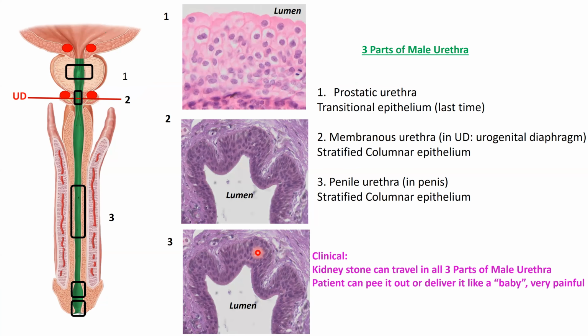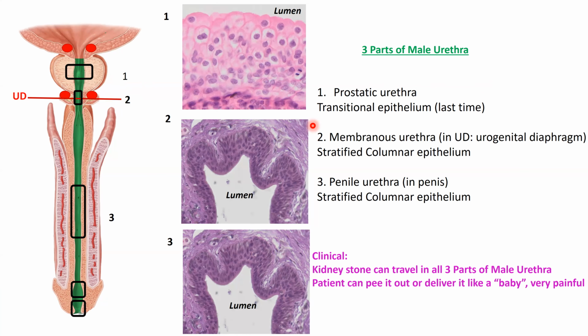Okay, so we're going to focus on the 3 parts of the male urethra. This is the prostatic urethra. This is where you see transitional epithelium for the last time. Then you remember this is your bum, or the urogenital diaphragm.